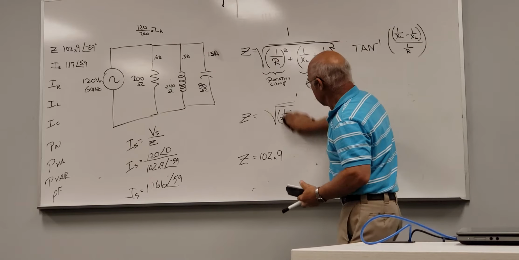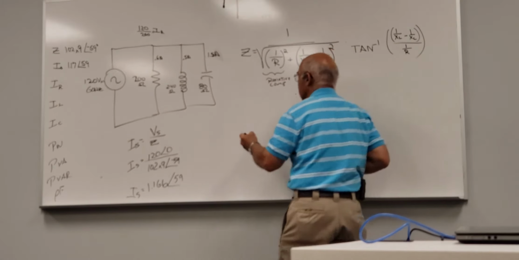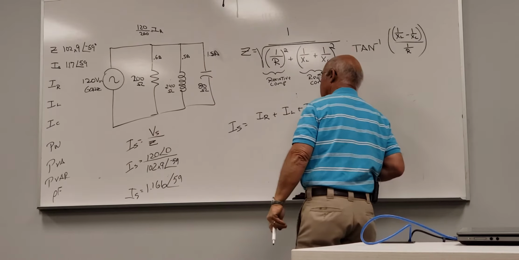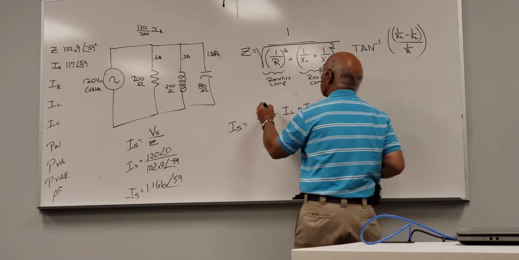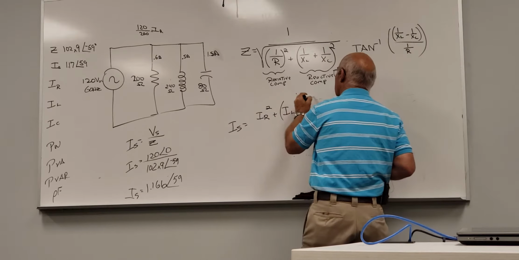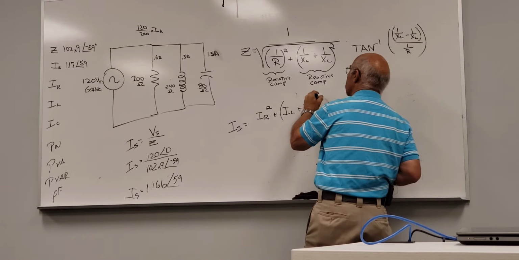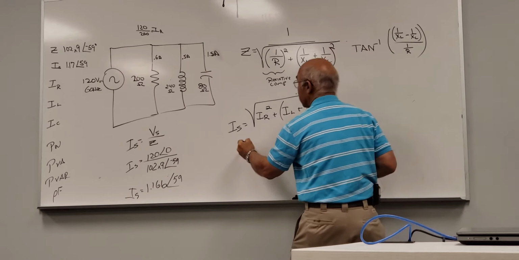So I source is equal to I sub R plus I sub L plus I sub C. But we cannot add those algebraically. We gotta square these. These are 180 degrees out of phase, so we're gonna add these together, square those, and take the square root.